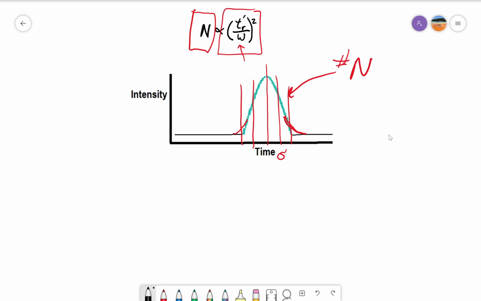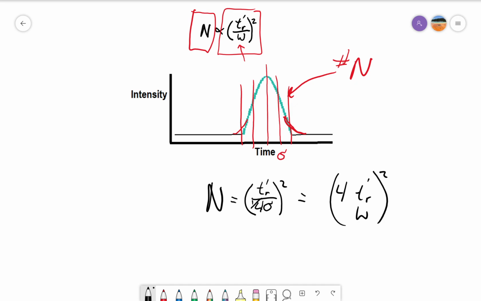This means that we can write this equation, n is equal to T prime r over 1/4 sigma squared, or 4 T prime r over W squared, or 16 T prime r over W squared.